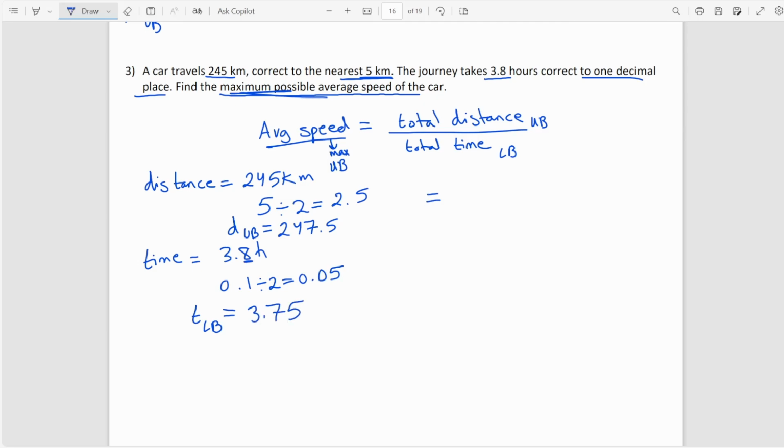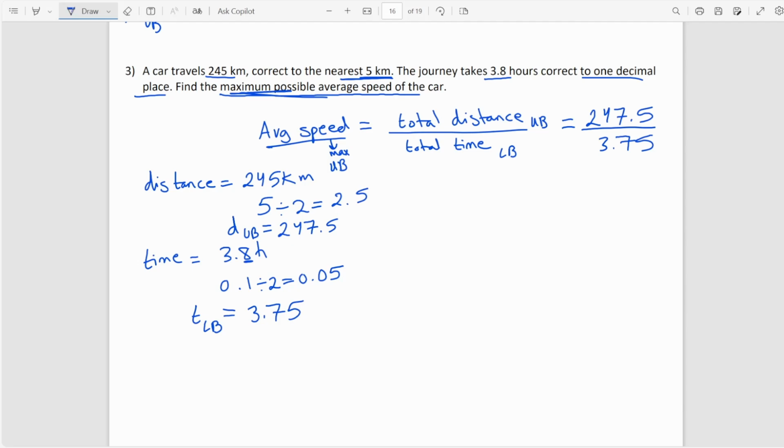So now, let me take this on over here. Okay, so the upper bound for the total distance is 247.5 divided by the total time, which is 3.75.